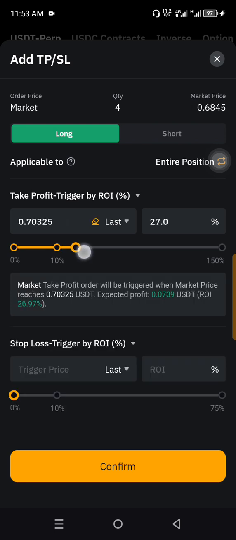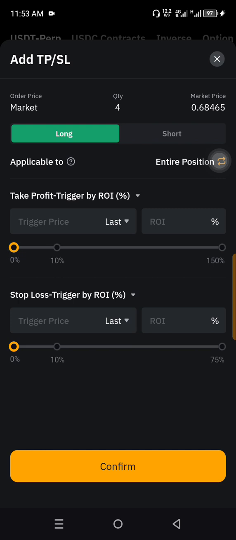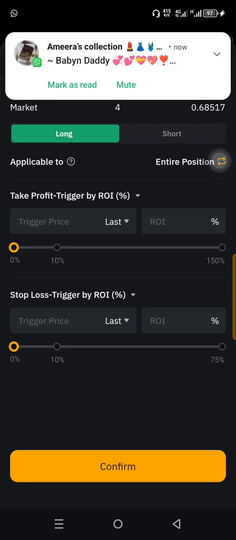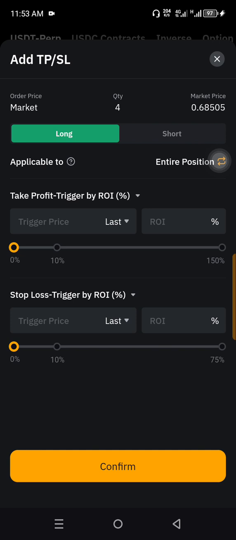That's why we can set in your TP, to say that if my market is reaching, let's say for instance my TP is 100%, so if my market is reaching the 100% out of my dollar that I entered the market with, the profit is enough for me.